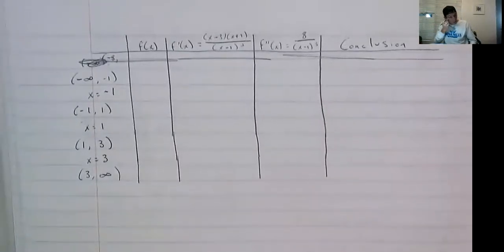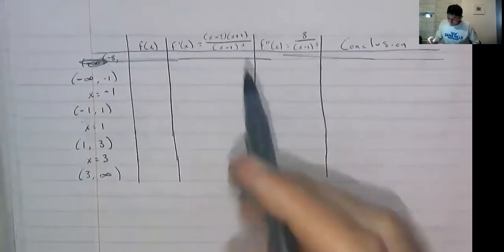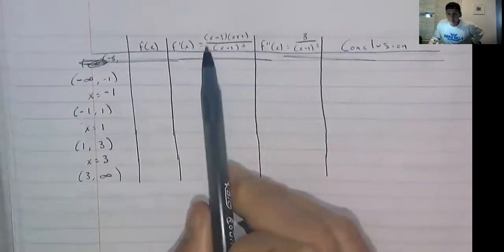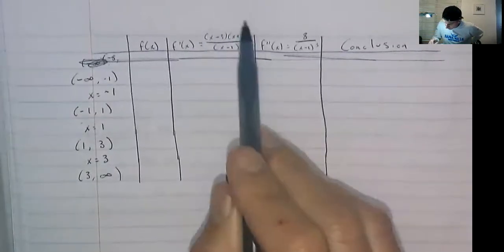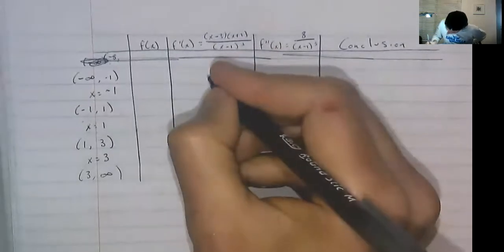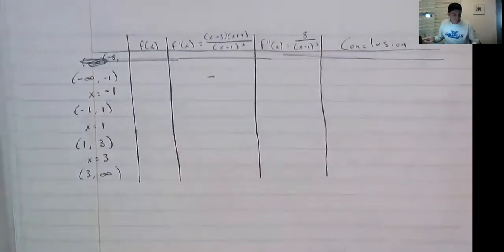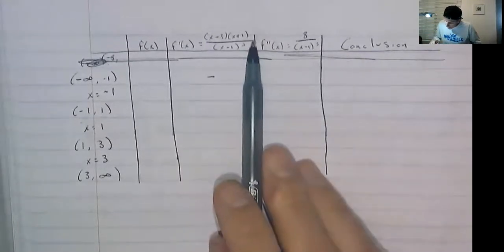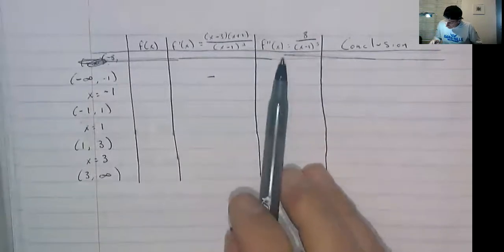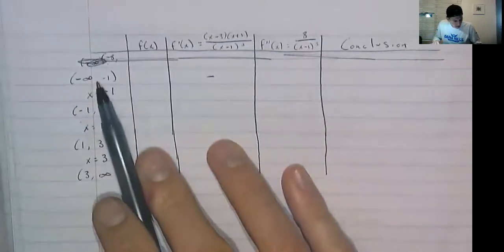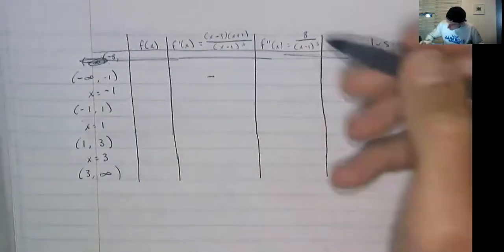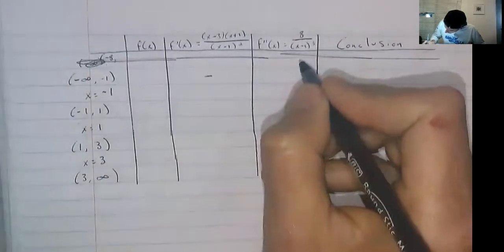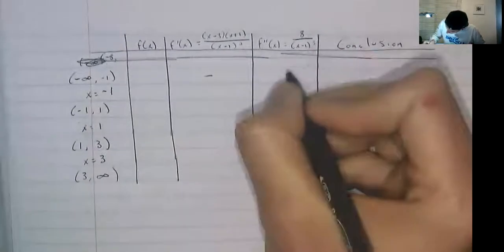Okay, so from negative infinity to negative 1. I don't know, let's just plug in a 0 here. Negative, positive, negative. That's positive. So we have a negative first derivative. Cool. Our second derivative, we plug in a 0, will give us a negative number.